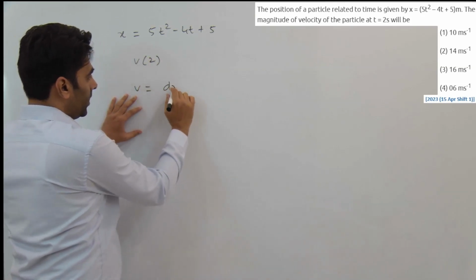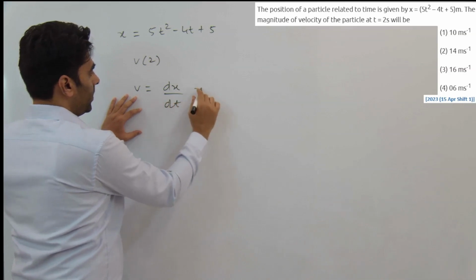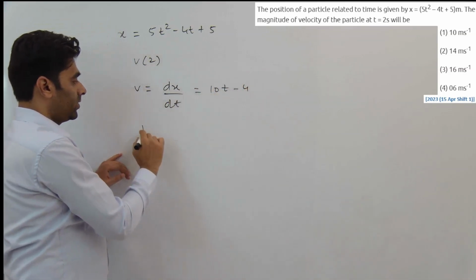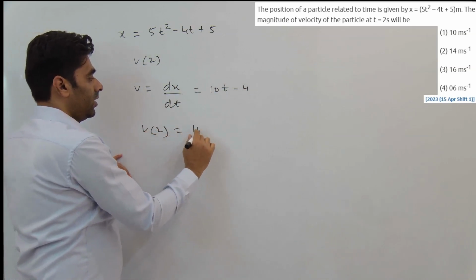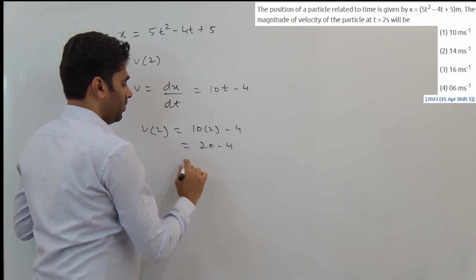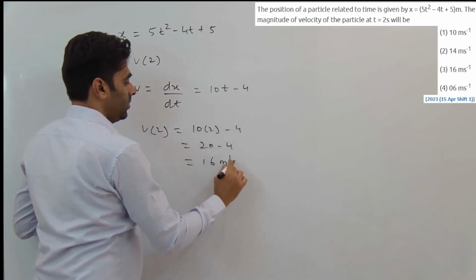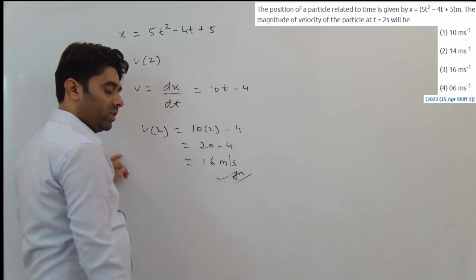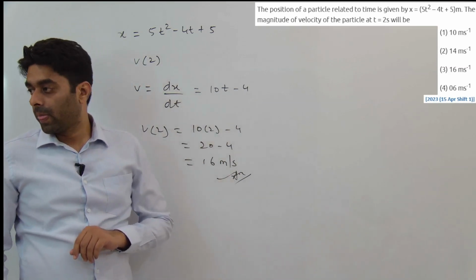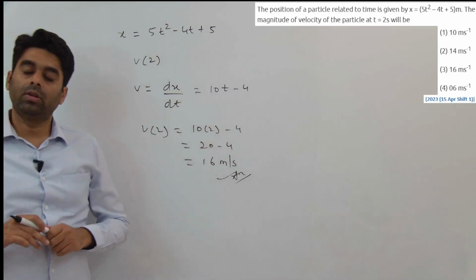Velocity is dx by dt, which comes to 10t minus 4. Now substitute t as 2 seconds: 10 into 2 minus 4, 20 minus 4, that is 16 meter per second. So our velocity at t equals 2 seconds is 16 meter per second, and our answer will be the third option, right?